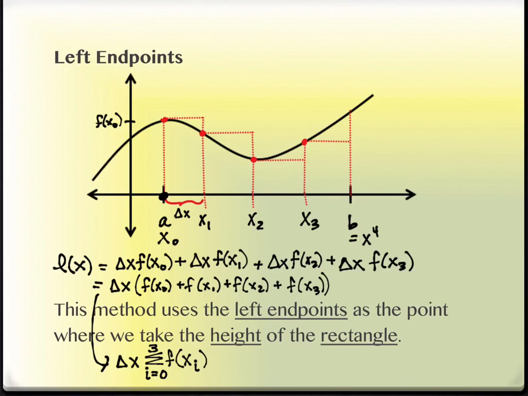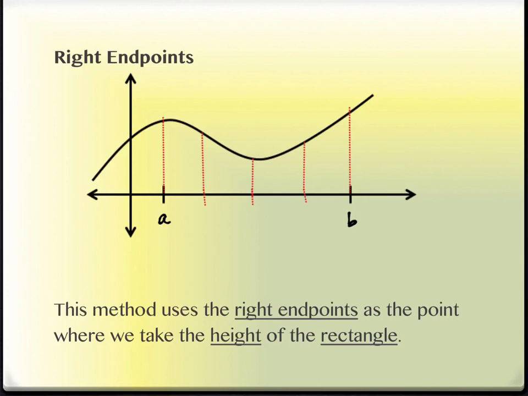Okay? This is left-hand endpoints. The right-hand endpoints works much the same. So this is x0, x1, x2, x3, and x4. But instead of using the left-hand endpoint, I use the right-hand endpoint. So I get this rectangle. And then I get this rectangle.